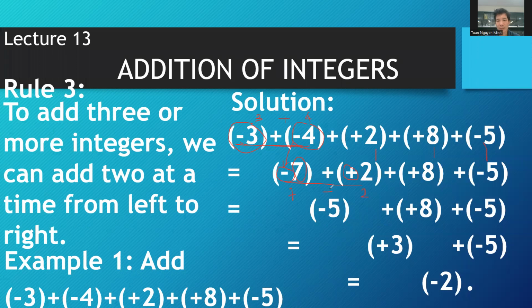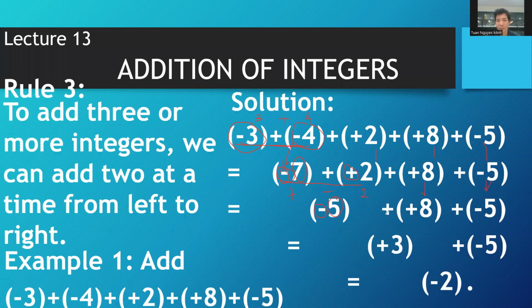And you subtract, and you get the answer 5, and the sign of the answer follows the bigger number. So here is -5. And next step, you write out the other numbers.